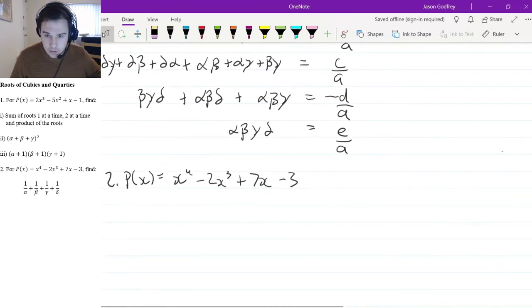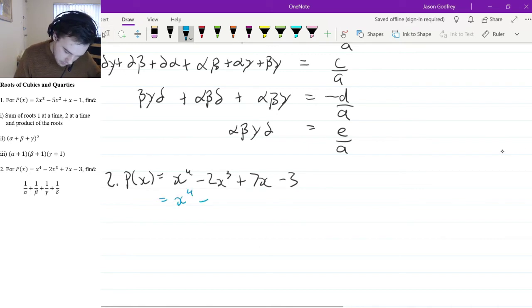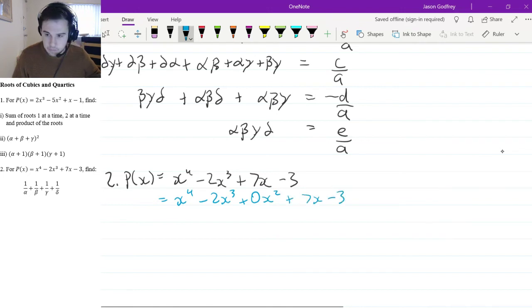Now before we even look at anything, when we're working with a polynomial, write it out so you can see every single power of x. X cubed, well there wasn't an x squared term in here, so that's 0 lots of x squared plus 7x minus 3.